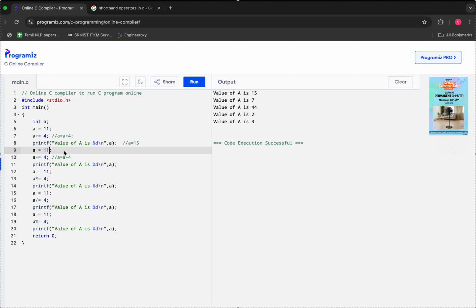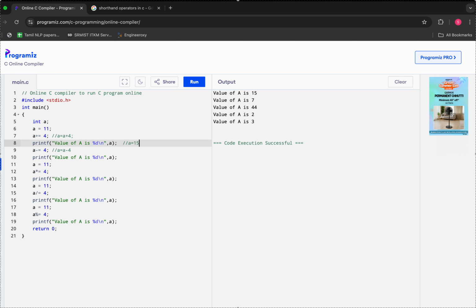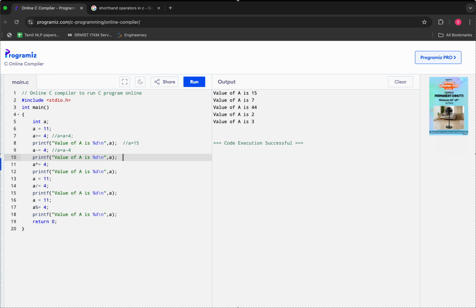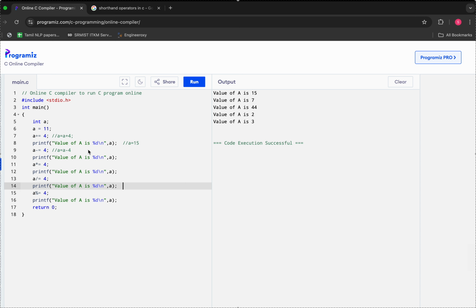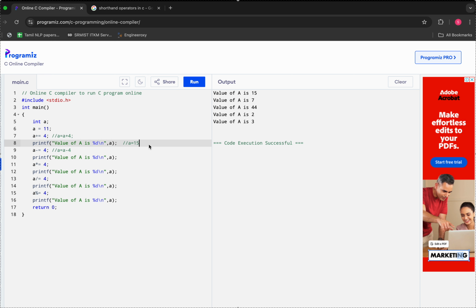Sir, why are they reassigning 11 every time? So if I am not reassigning, what will happen? Just make a guess. I am not reassigning. According to line number 8, my a value is 15. So when you come to this point, 15 minus 4, your a value becomes 11.